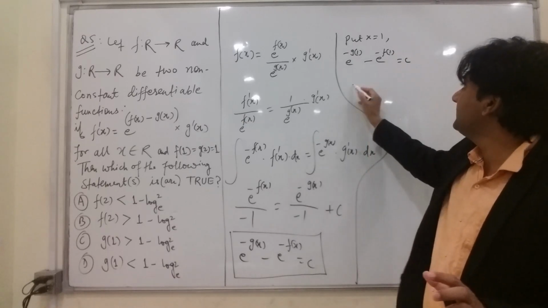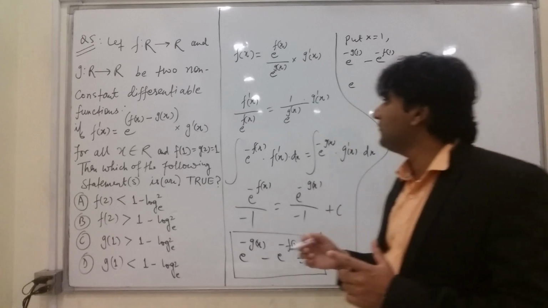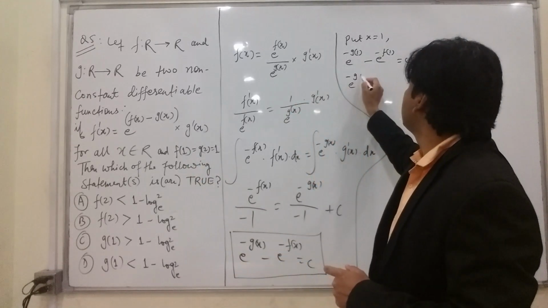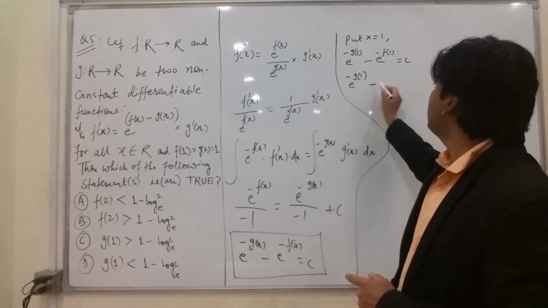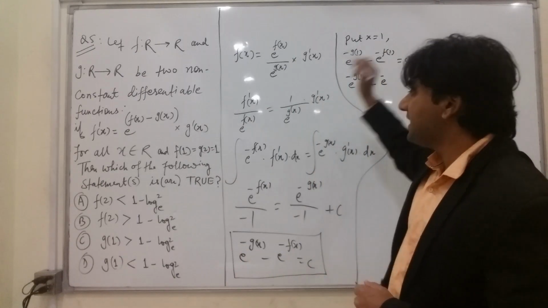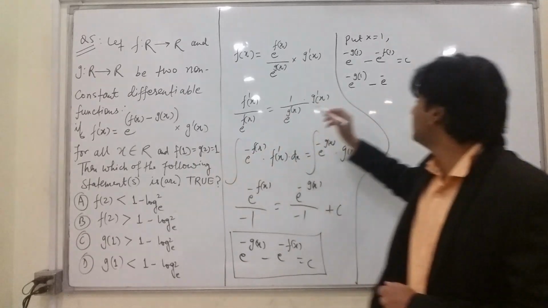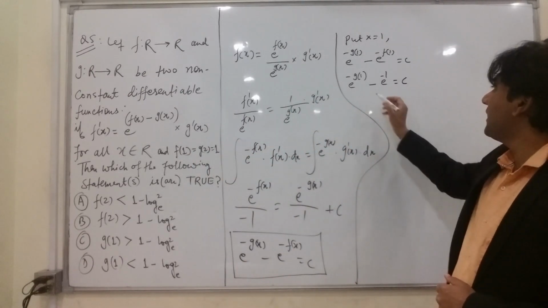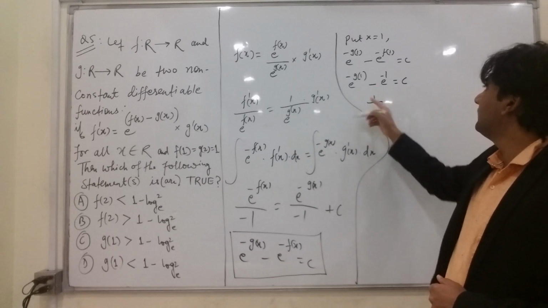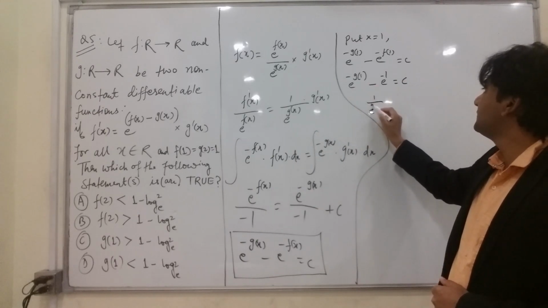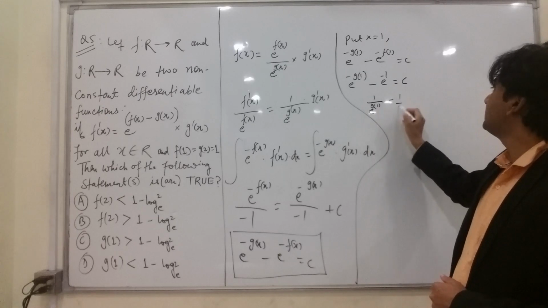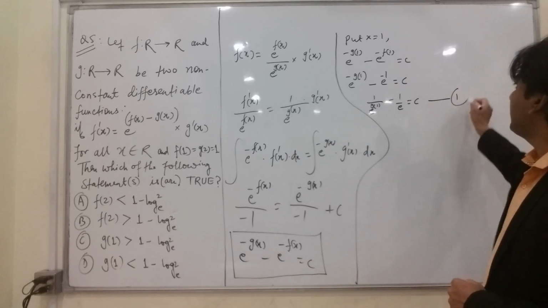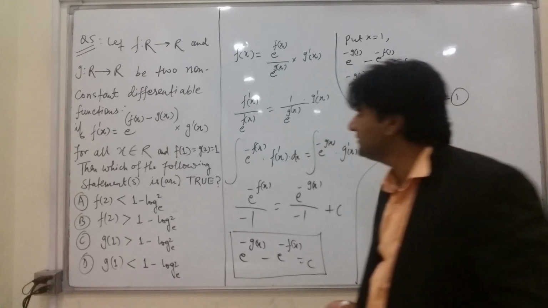We don't have g(1), so we write e raised to minus g(1) minus e raised to minus f(1), where f(1) is 1, so this is minus 1 equals c. So now we got 1 over e raised to g(1) minus 1 over e equal to c. This is my first equation. I am considering this one as the first equation.